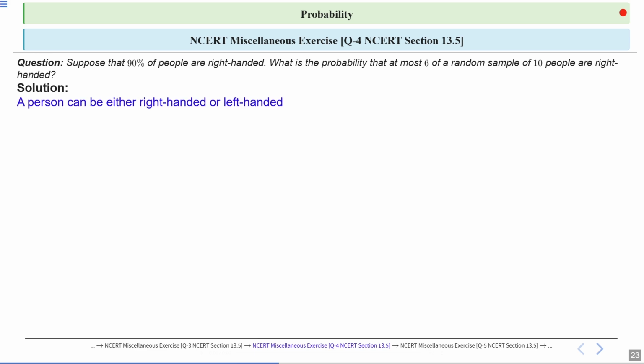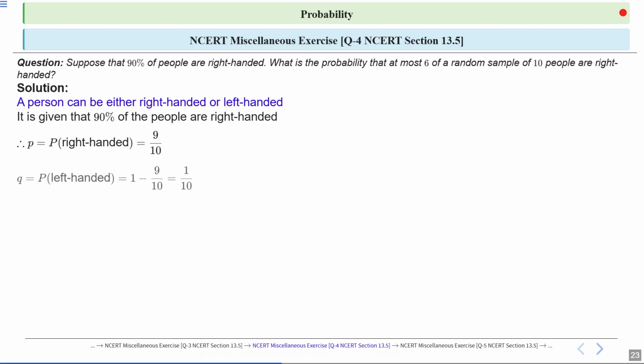A person can be either right-handed or left-handed. It is given that 90% of the people are right-handed, so the probability of right-handed, denoted here by p, equals 9 by 10. Then the probability of left-handed, here taken as q, is equal to 1 minus 9 by 10, which equals 1 by 10.